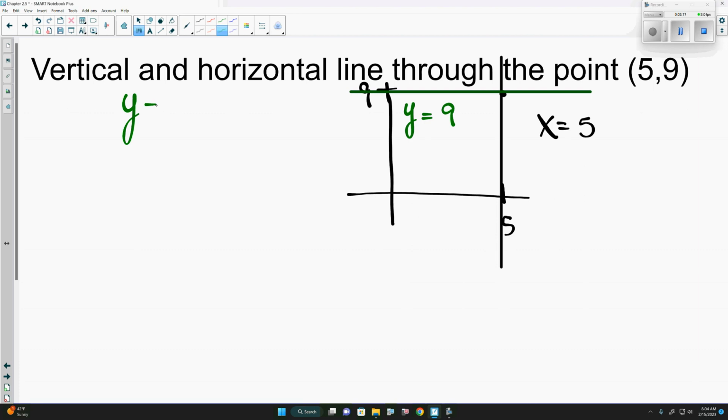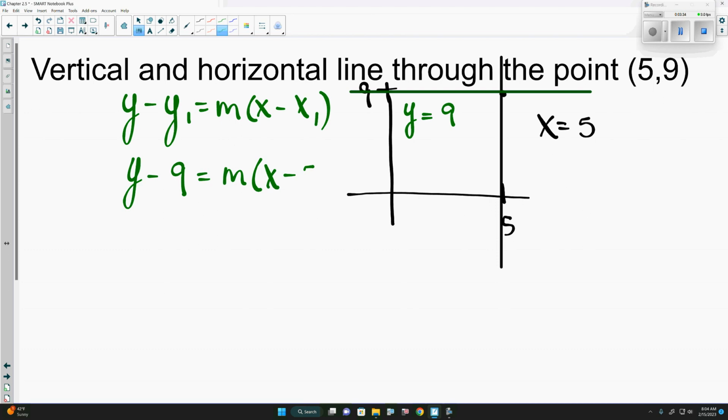Because even if we go back to this here, using the point 5, 9, we can say y minus 9 is equal to m times x minus 5.